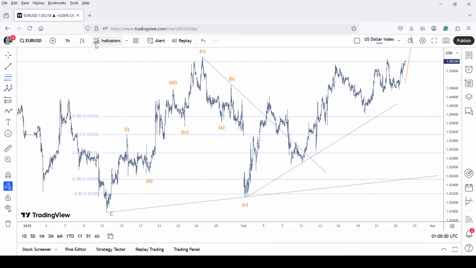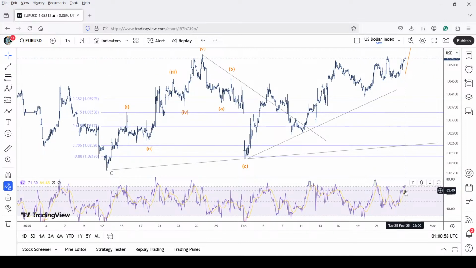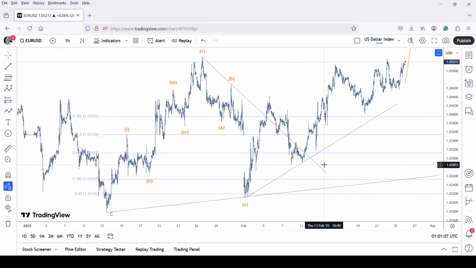That's what it looks like. And if you look at the RSI again, it's diverging with prices almost to the new high. The RSI is lagging behind, so that is also a kind of bearish divergence up there. All right, so that is the story in the Euro USD.